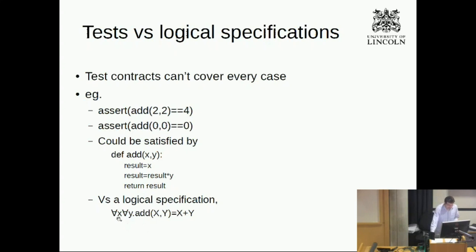So if I say something like this, for all input X and all input Y, the result of adding them together is in fact going to be the sum of the two numbers. Now, this is much harder to prove. With tests, you just have to run the function. This is a form of dynamic analysis. So you run it, does the result come out? Yes, you're good.